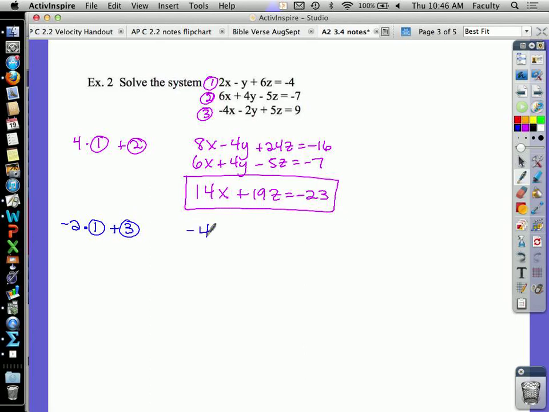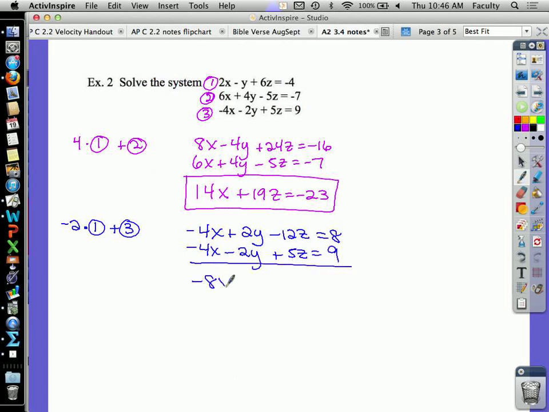So this is negative 4x plus 2y minus 12z equals 8. So I multiplied everything by a negative 2, and then I'm going to line it up with the third equation, and then add them.